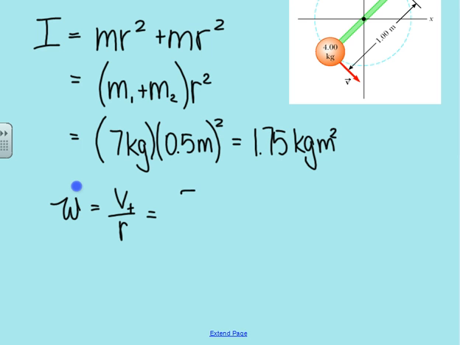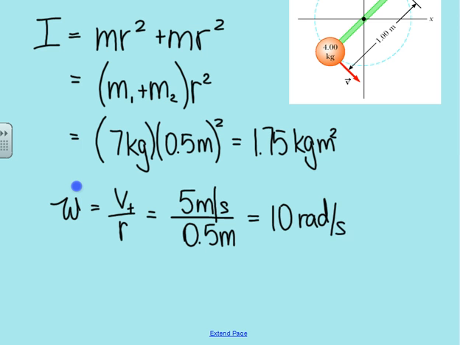So we'll plug in the 5 meters per second divided by the 0.5 meter radius, and we find that the angular speed of these particles, or of the whole system, is 10 radians per second.